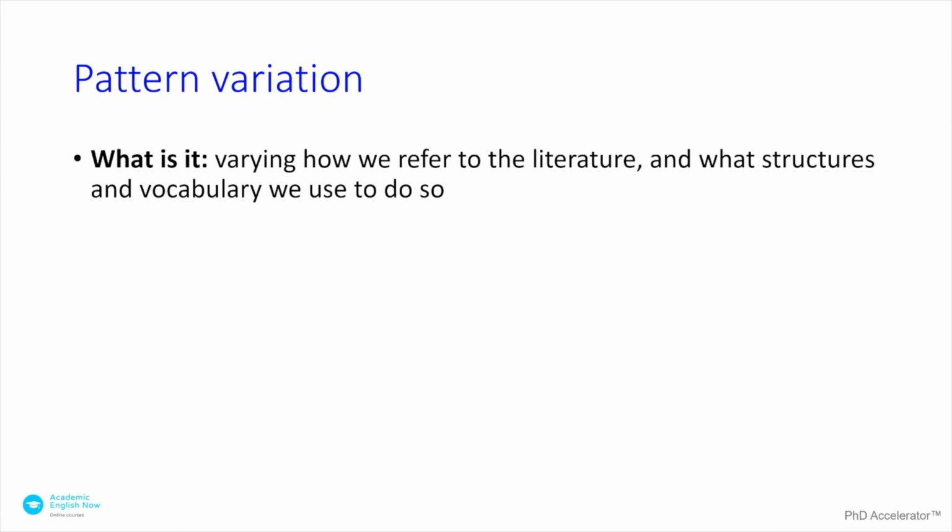So first, what is pattern variation? It's basically varying how we refer to the literature and what structures and vocabulary you use to do so. So for example, you can refer to the literature by putting the name of the author as part of the sentence at the beginning. Like, for example, you could say something like, "You 2020 shows that."